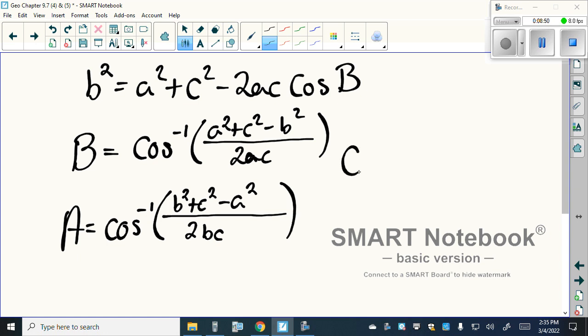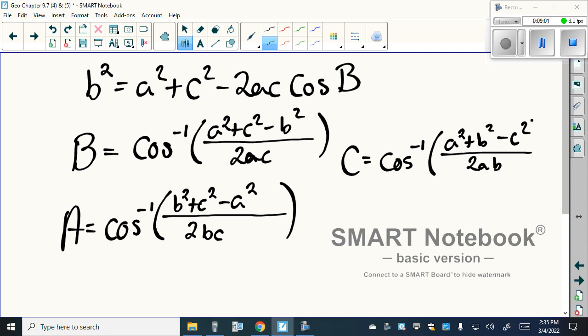And C is equal to cosine inverse of A squared plus B squared minus C squared over 2AB. These just give us the angle. All we really did was manipulate the general equation to get the angle by itself.